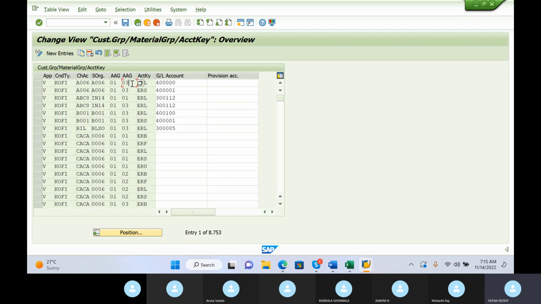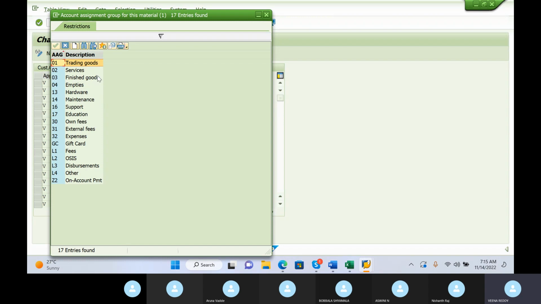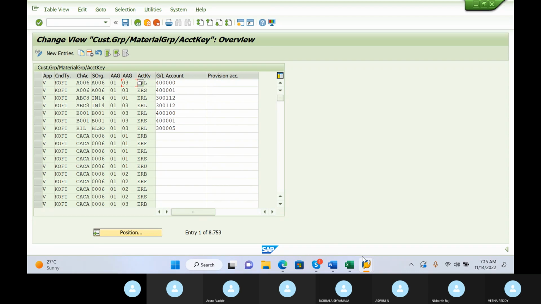In the same way, this is related to material 03. What is 03? Finished goods. This account assignment is given in material master.